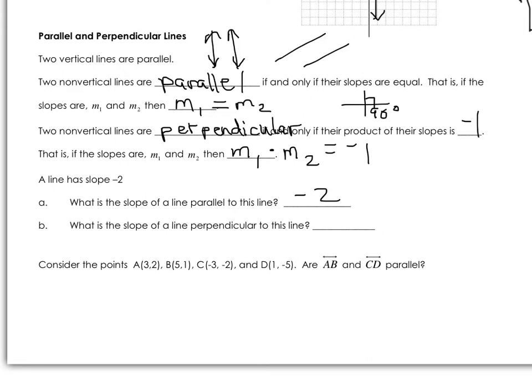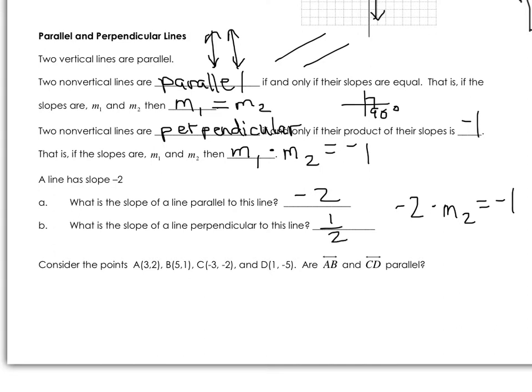A line has a slope of -2. What is the slope of the line perpendicular to this line? So -2 times whatever our second slope is, if we multiply them together, we need to get -1. What is m2? What is our second slope? +1/2.